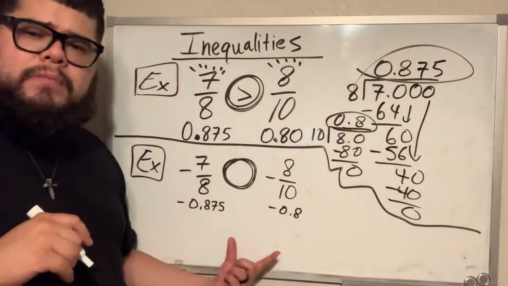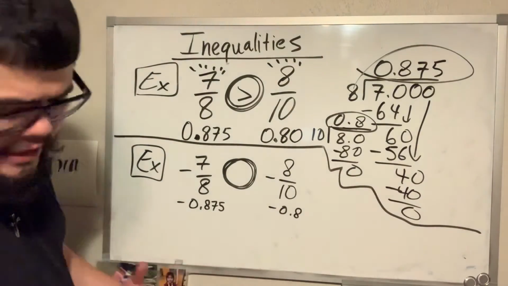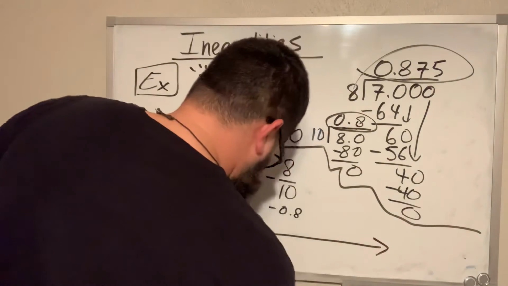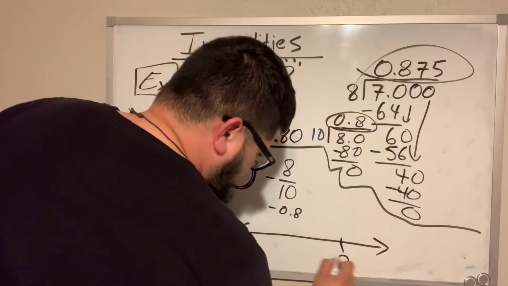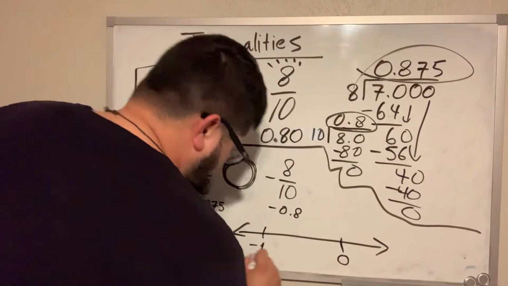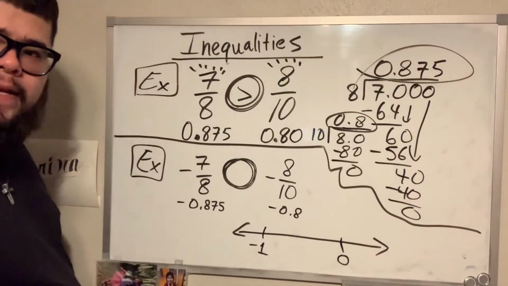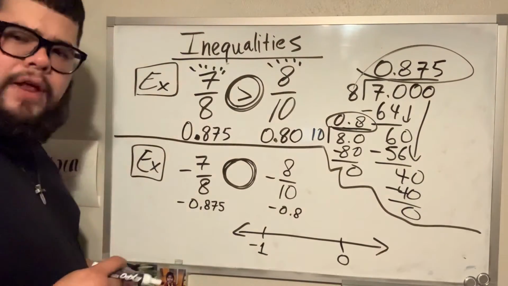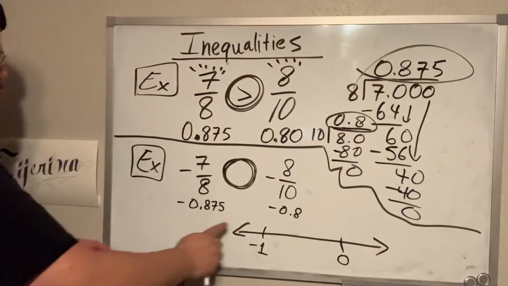So we gotta see this visually sometimes. It kind of gives us a better understanding of what's going on here. So I'm gonna draw a number line. On this number line, I'm gonna have 0 and I'm gonna have negative 1. Because these numbers are between 0 and negative 1 because they're both negative, but they're not quite negative 1, right? So we got to understand where these are.